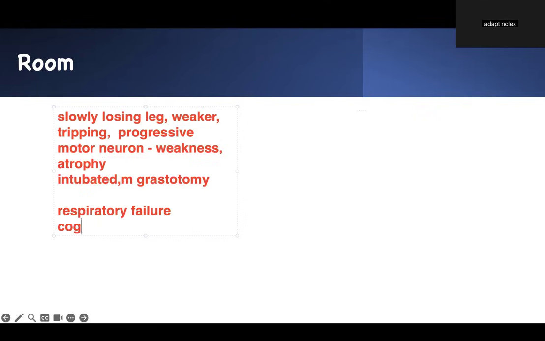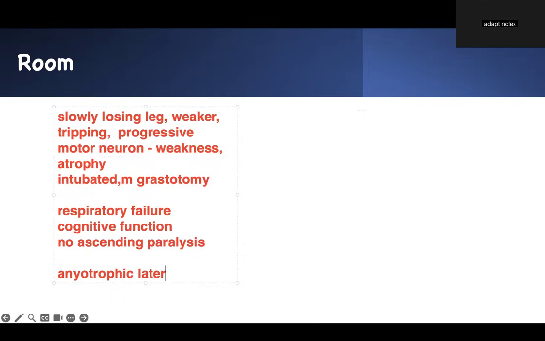He has cognitive function that is intact, but most of the things going on, it cannot function properly. What do you think? There is no ascending paralysis. This is what we call amyotrophic lateral sclerosis.